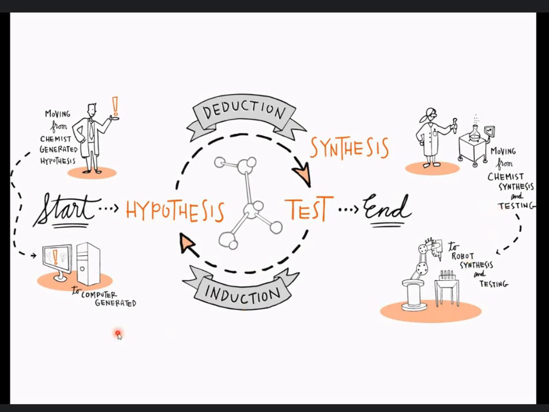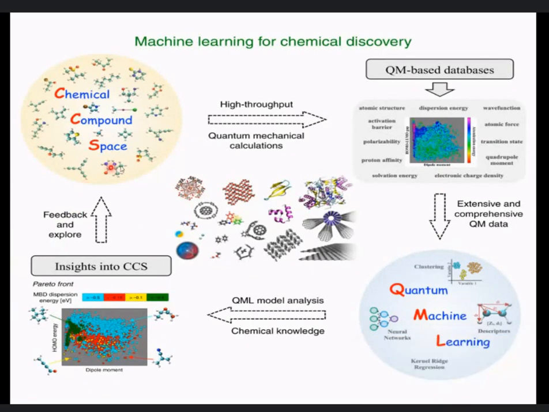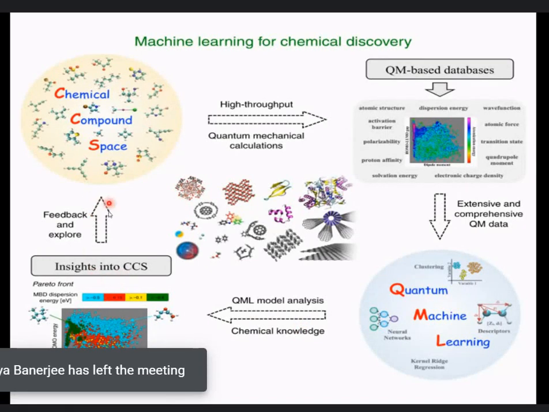Now, what is the idea of machine learning or AI in chemistry? This is chemical compound space, high throughput and quantum mechanical calculations. You have QM-based databases, extensive and comprehensive QM data, analysis, chemical knowledge, and then you can get insight into CCS, meaning chemical compound space.